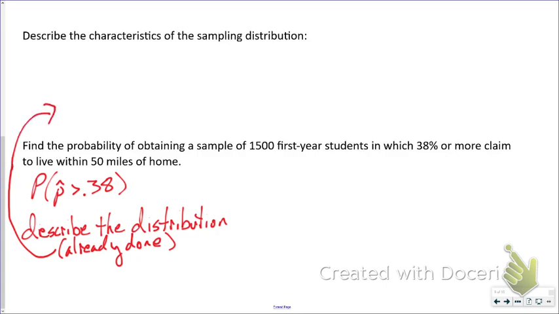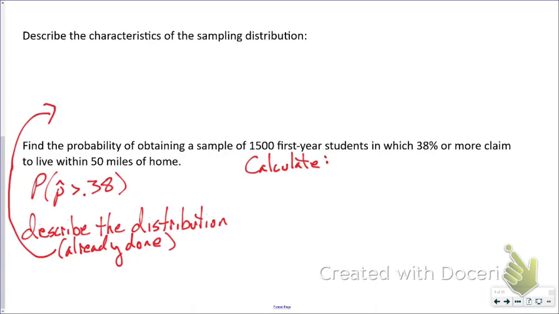And then I need to actually calculate. So I've already gotten points from what I wrote down. Be aware of that. Even if you're stumped on the probability, you still got points by just writing all that we've written already.